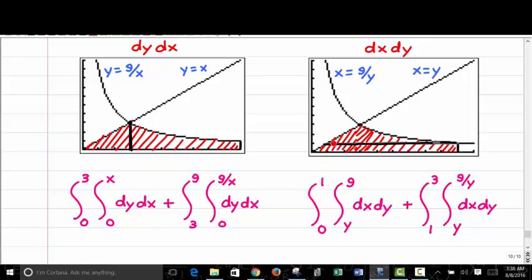Now we're focusing on the region of integration above this line, where you have the same left and the same right, left to right. Left is the same y as on the left, and then 9 over y, which is just resolving y equals 9 over x, is your right function. Lower to upper would be from 1, where the line's drawn, to 3 right there at that point. So y would go from 1 to 3.